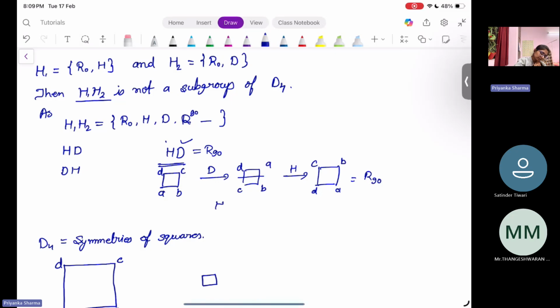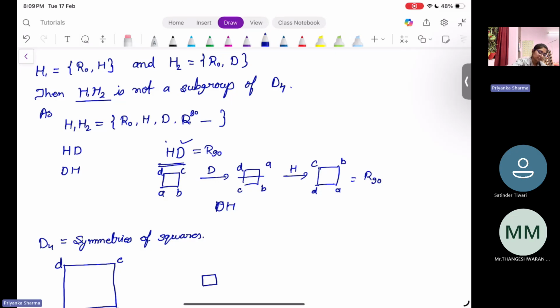Then you will calculate what is DH. What DH means, first you take horizontal reflection, then the diagonal one, and you include that element in H1, H2 again, and check whether that is a subgroup or not.